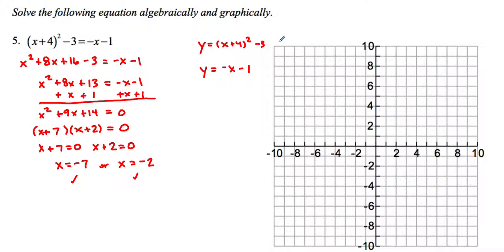So this one's going to be a parabola. The vertex should be at (−4, −3). It's got standard growth here. The a value is 1, so we know we're going to go over 1 and up 1, over 2 and up 2 squared, over 3 from the vertex and up 3 squared.